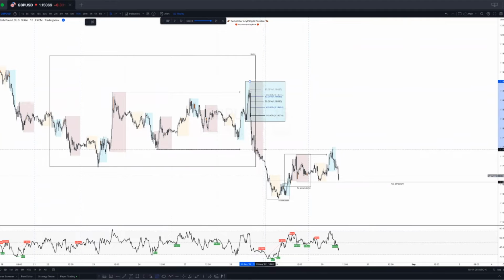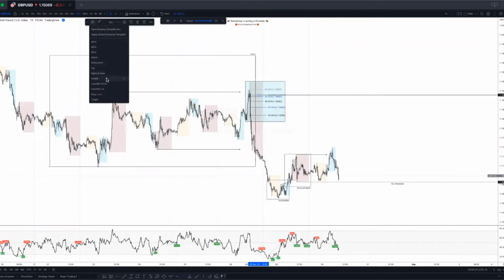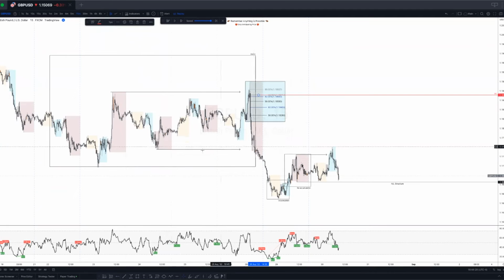Do I have confluence anywhere? It's hard to see these. And right here, around the 62 and the 80. So that's my 80. And this is the 50 of the entire range.